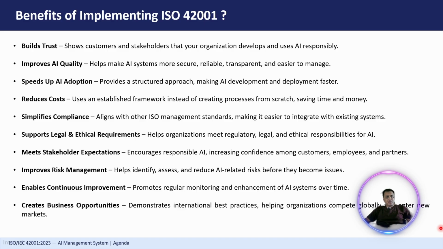So the overall summary is that ISO 42001 provides a structured framework for managing AI responsibly. It helps organizations build trust, reduce risk, improve compliance, lower cost, and create reliable AI systems, and that supports long-term business success.